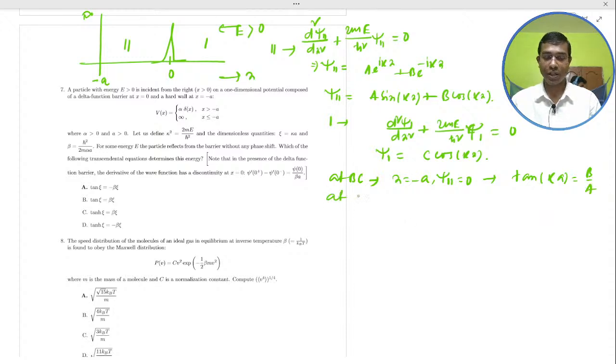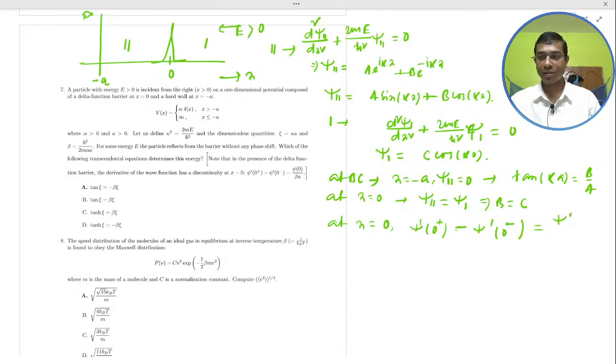And at x equal to 0, psi 2 is equal to psi 1. That means B and C, the arbitrary constants, are the same. So at the discontinuity x equal to 0, psi dash 0 positive minus psi dash 0 negative is given by the discontinuity relation psi 0 by beta a.